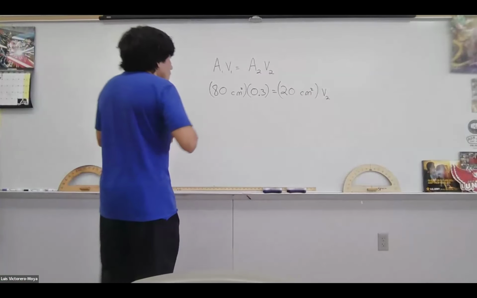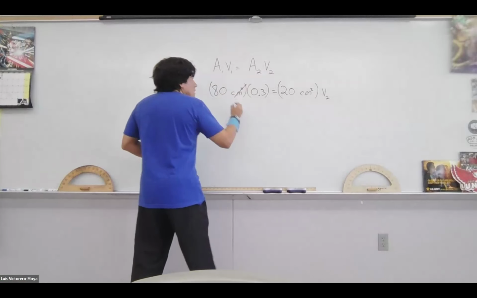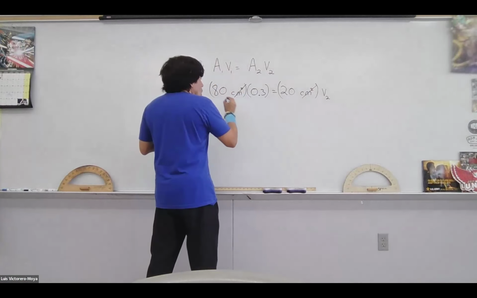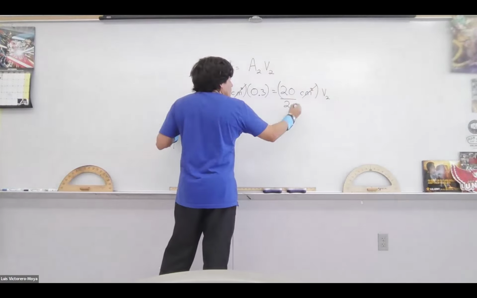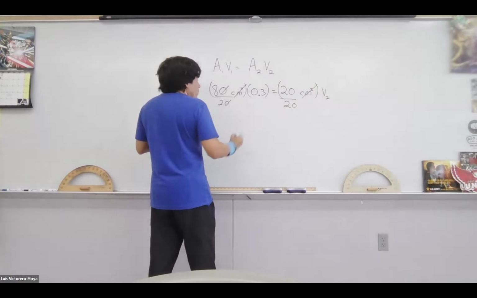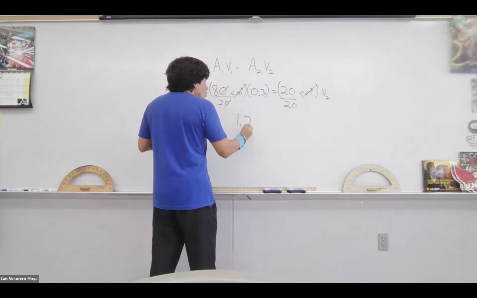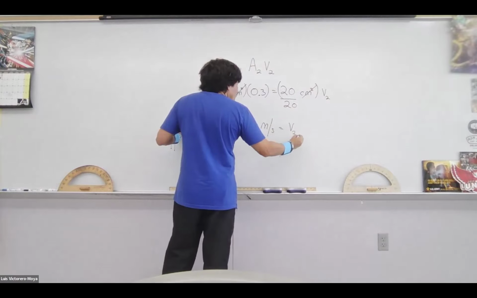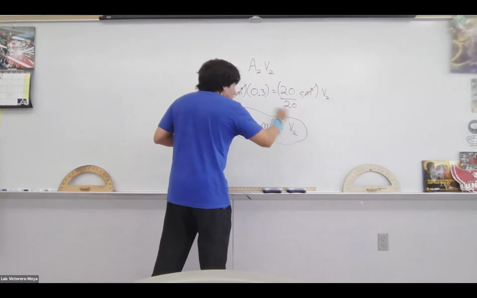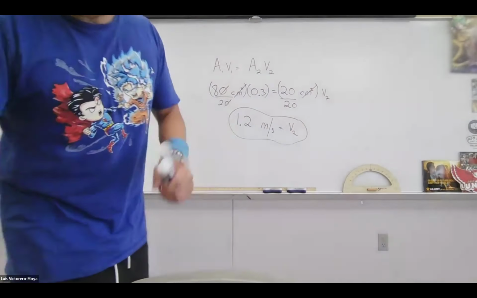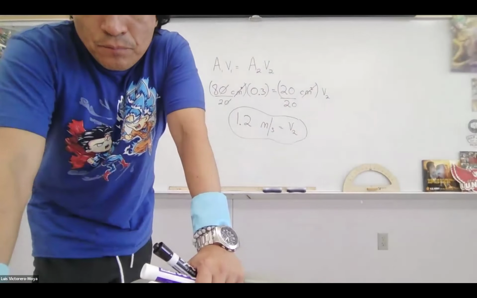Centimeter squared, centimeter squared. So you divide by 20 on both sides. 4 times 0.3, 1.2 meters per second is the velocity in the constricted, the other region. So that's using Pascal's principle.